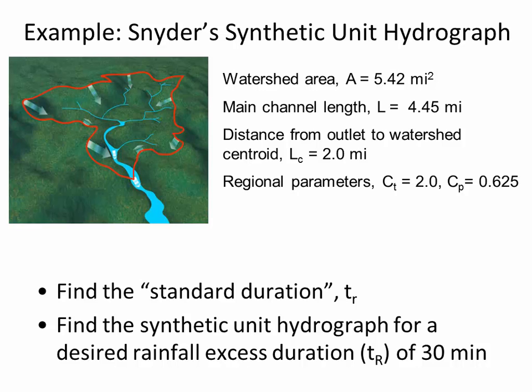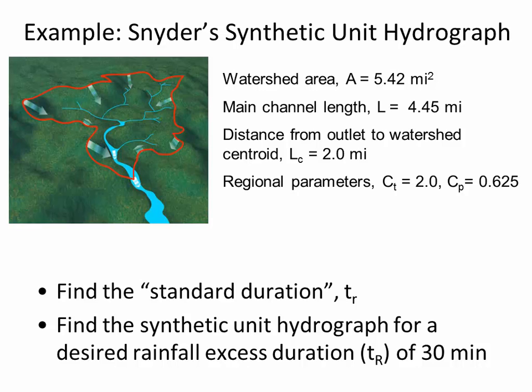It would be a pretty advanced thing to try and develop these parameters for a watershed, so we won't get into that level of detail. What we're going to do is, first of all, find the standard duration for the storm, and then with our desired storm duration of 30 minutes, we're going to find out what the hydrograph actually looks like in that storm.